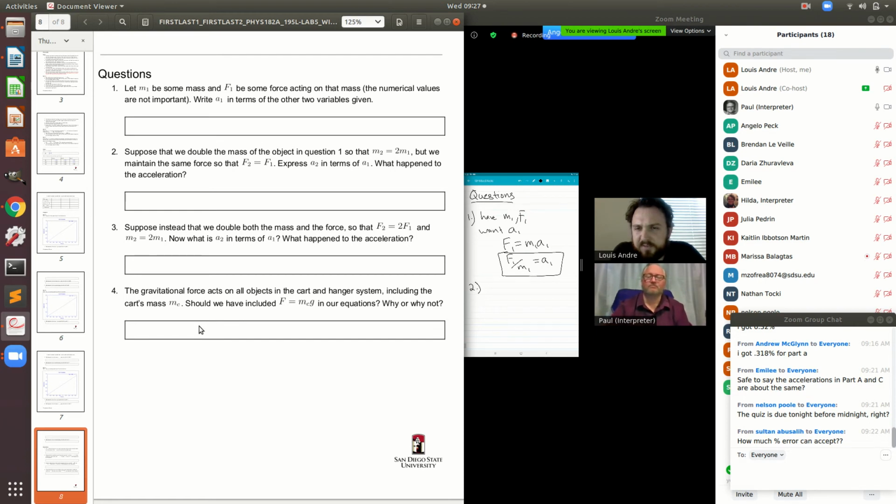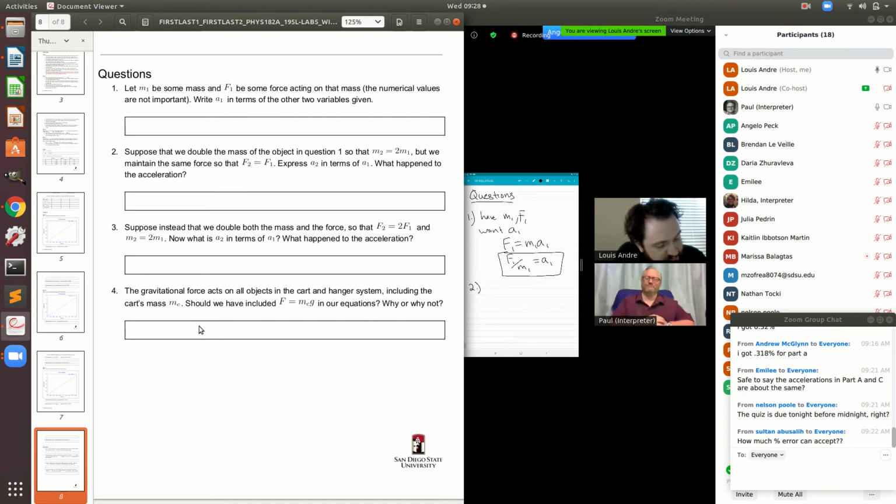Suppose that we double the mass of the object in question 1 so that M2 is equal to 2M1. We maintain the same force, so that F2 is equal to F1. Express A2 in terms of A1. Okay, so this is the thing that I usually, in this lab, at this point go through all this stuff with everybody anyway, so I'm kind of doing it with you now.